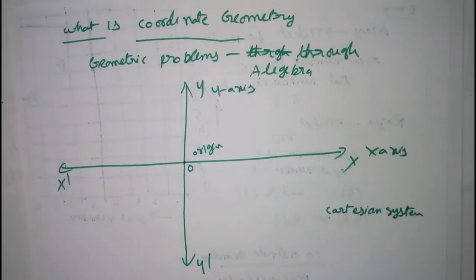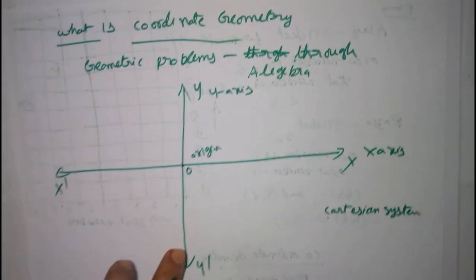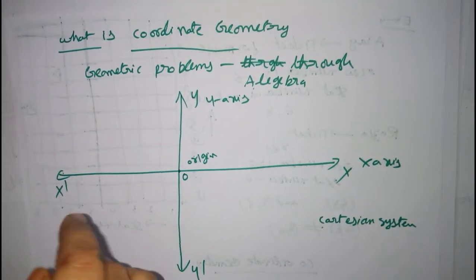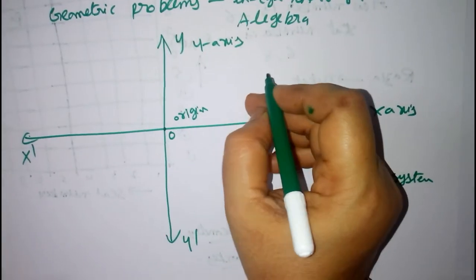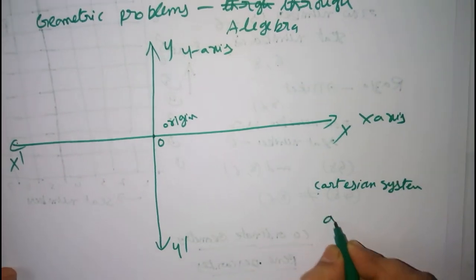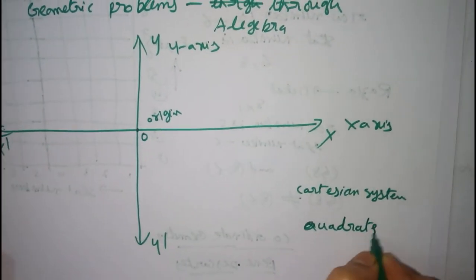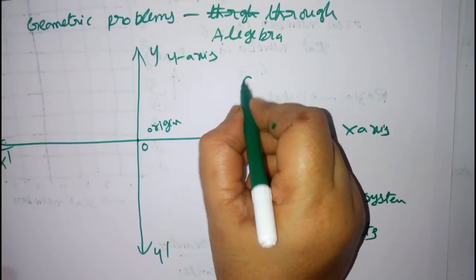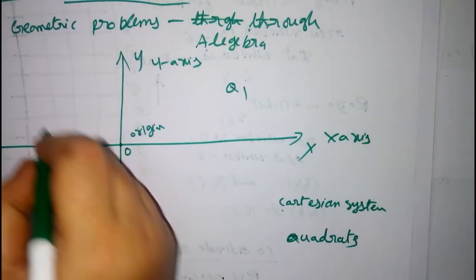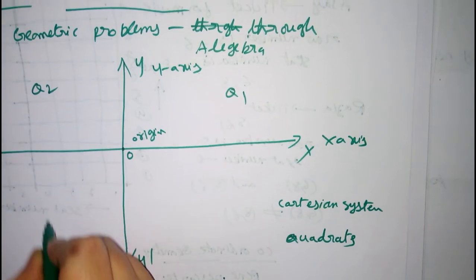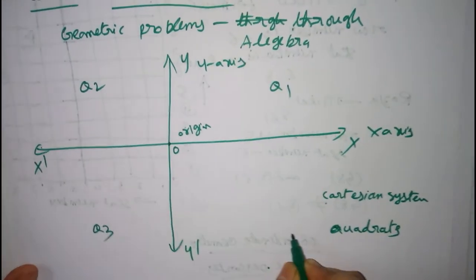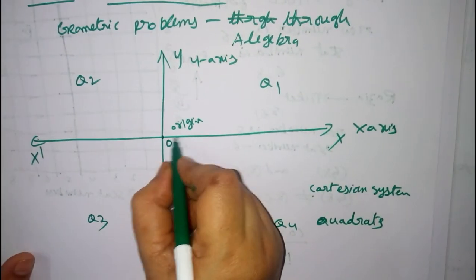The plane is divided into four parts. These four parts are called quadrants. This is quadrant 1, which we can represent with Q1. This is quadrant 2, quadrant 3, and quadrant 4. These are the number lines.